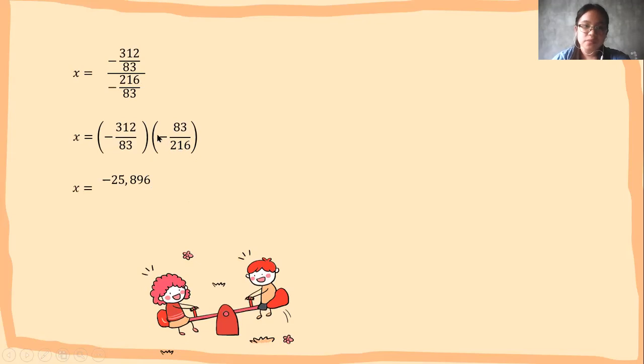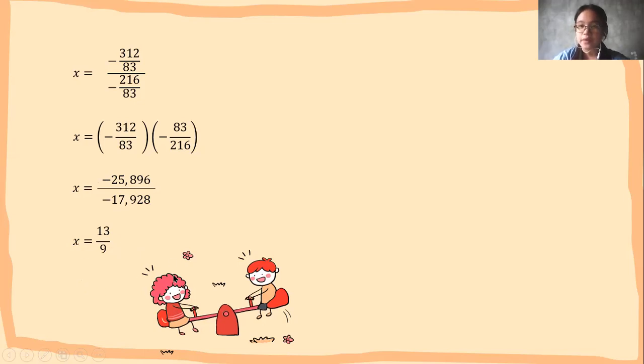Negative 83 times negative 216 is equal to 17,928. Since they have the same negative sign, when we divide it, it will become positive. So if we reduce it to the lowest term, x is equal to 13 over 9. So this will be the value of our x.